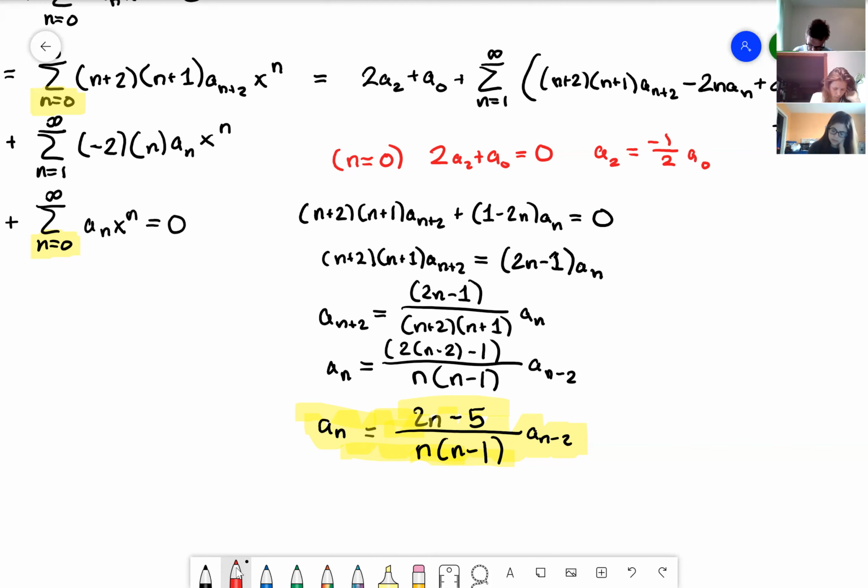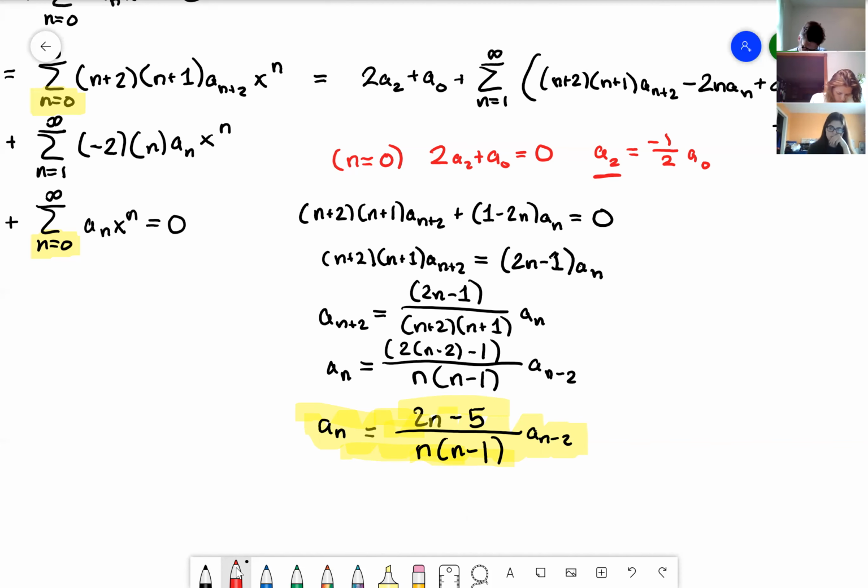No, I'm sorry. The problem, a0 and a1 are arbitrary, so we don't get those from this equation. So the fact that we're dividing by 0 when n is equal to 0 or 1 doesn't matter. It's when we're getting a2. So what happens there?